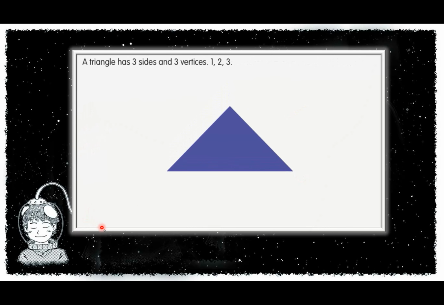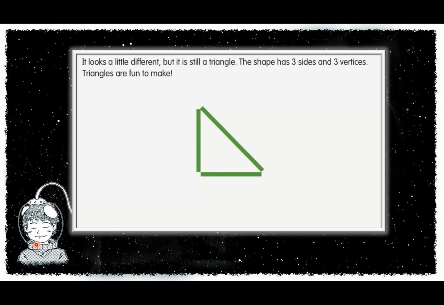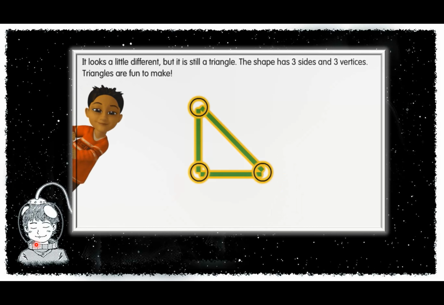A triangle has 3 sides and 3 vertices. 1, 2, 3. Is this a triangle? Yes. It is a triangle too. Why is it a triangle, kids? Because it looks a little different, but it is still a triangle. The shape has 3 sides and 3 vertices. Triangles are fun to make.